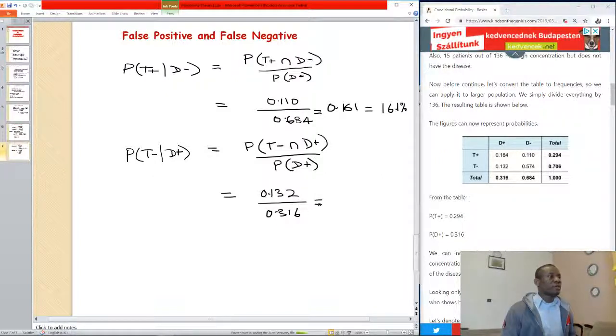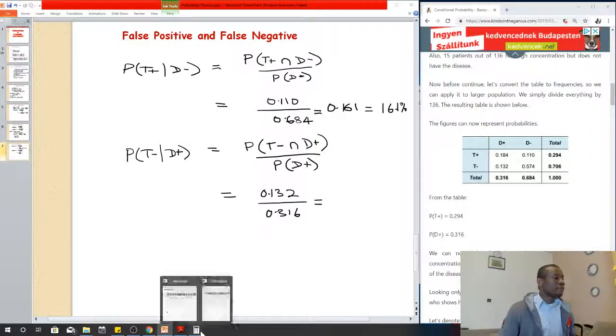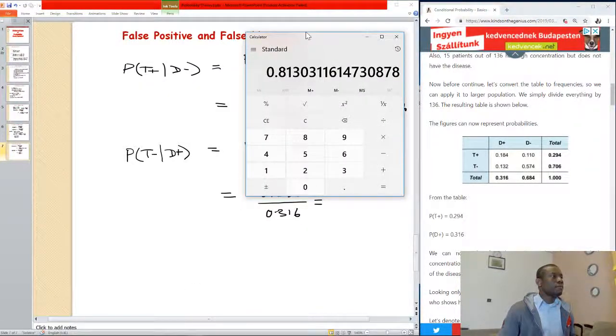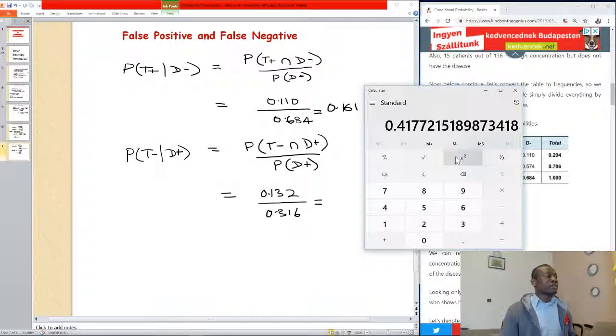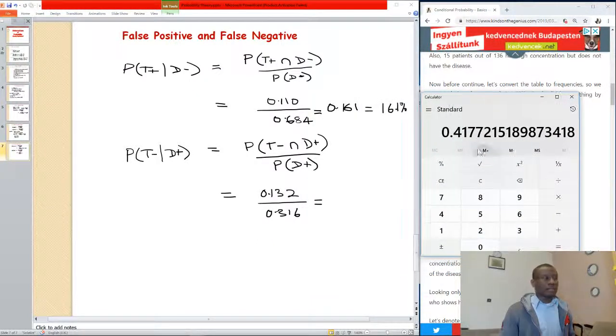So let's take our calculator again and see what we have. 0.132 divided by 0.316 is going to give us 0.418.